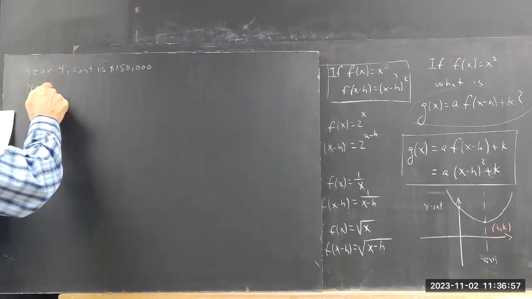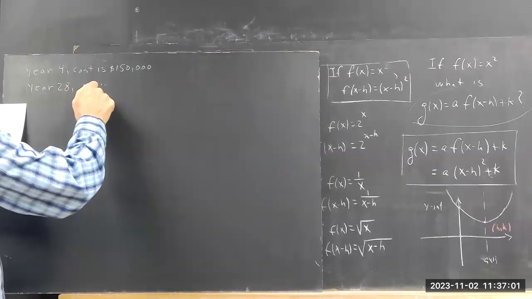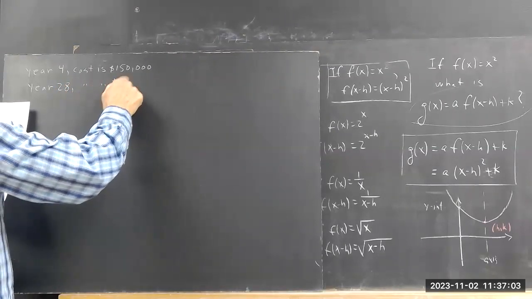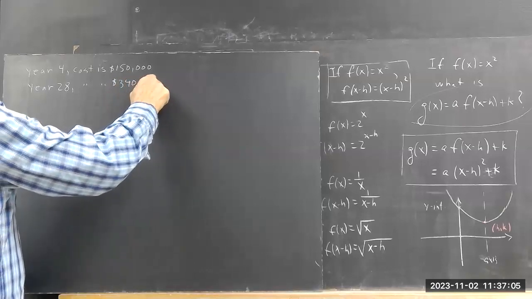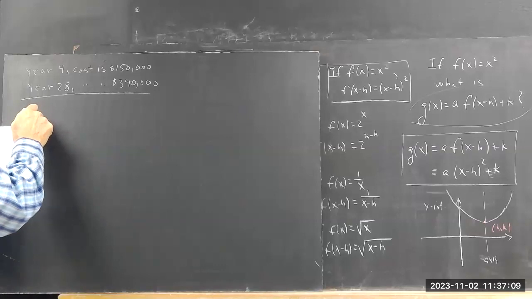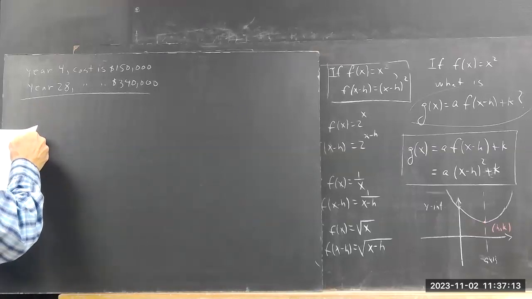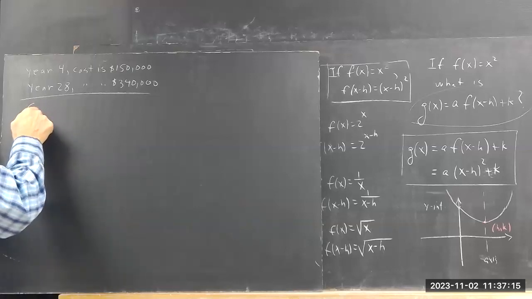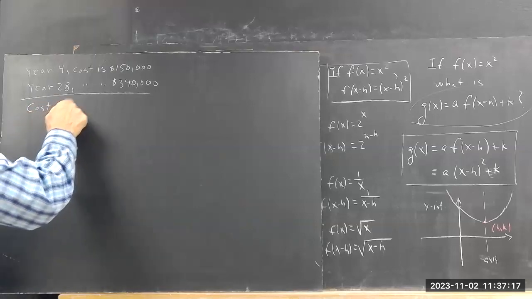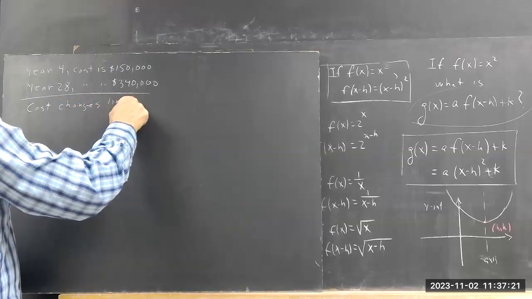In year 28, cost is $340,000. Okay. It's stated the cost changes linearly.